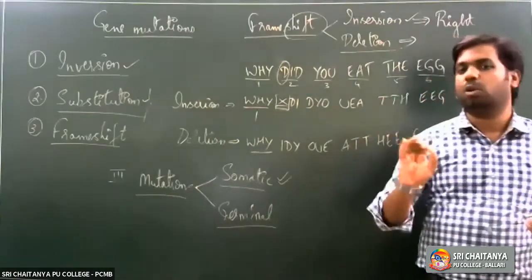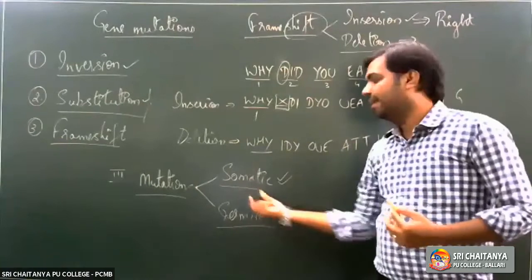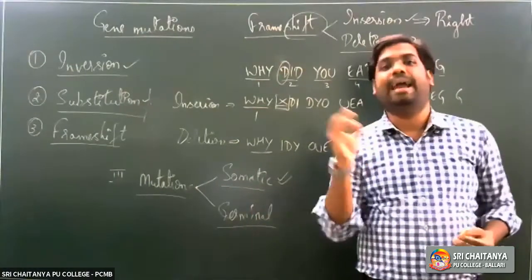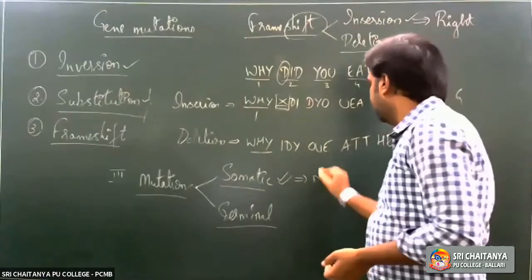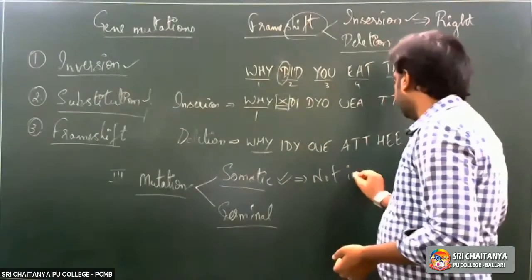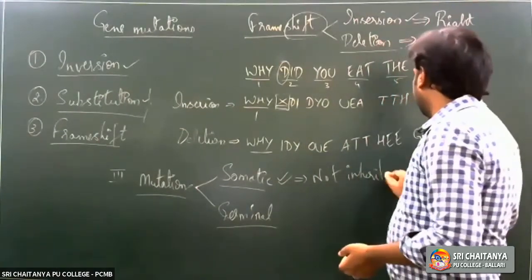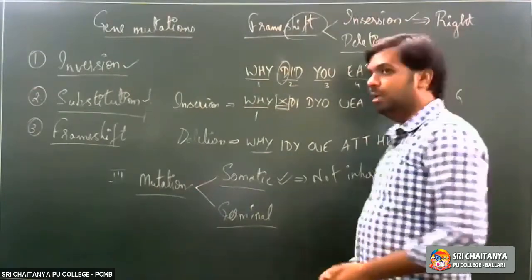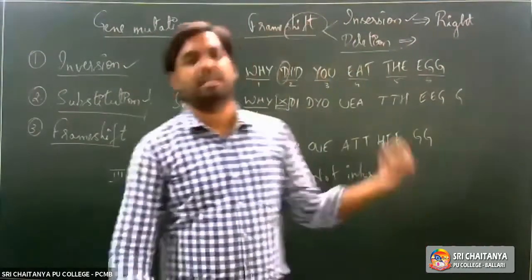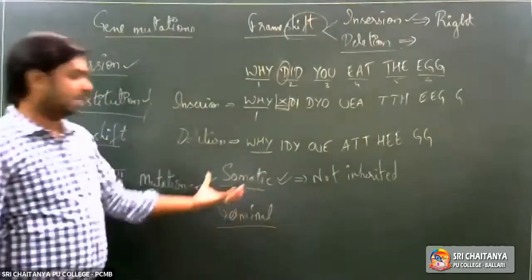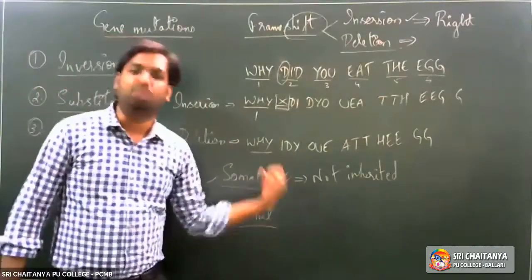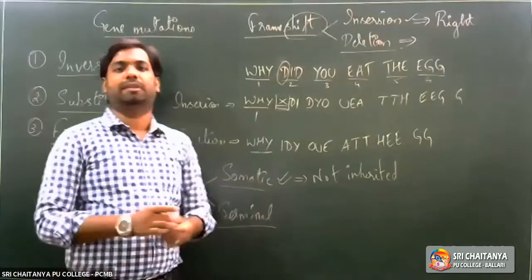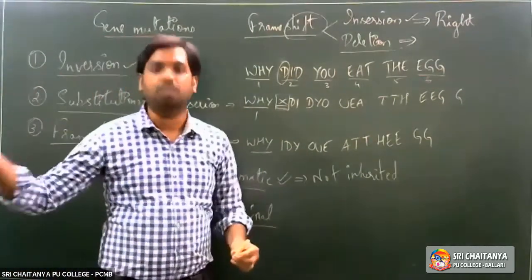One more important thing to remember here is that somatic mutations are not inherited. Let me give you an example. Say a person is suffering from skin cancer. Skin falls under the category of somatic cells, so it is a somatic mutation. That skin cancer cannot be inherited by the progeny.